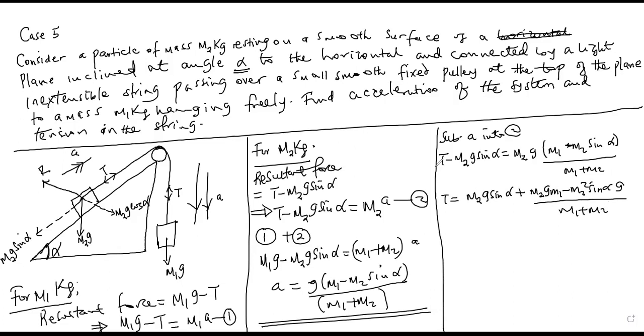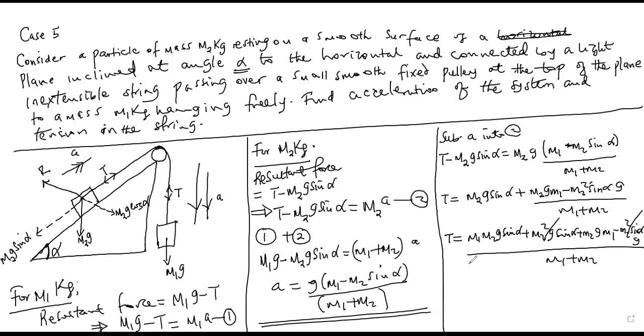Looking at this, we shall have our T as we are multiplying this by this because it's the LCM, so it is going to be m1m2g sine alpha plus m2 squared g sine alpha plus m2g(m1 minus m2 sine alpha), everything over m1 plus m2.